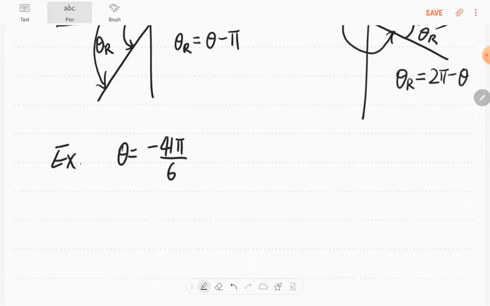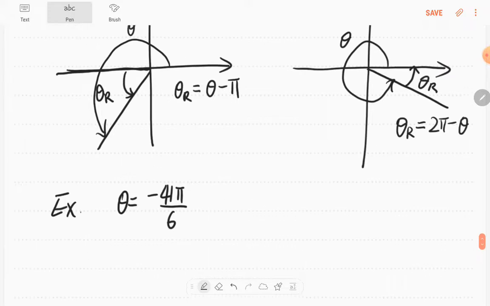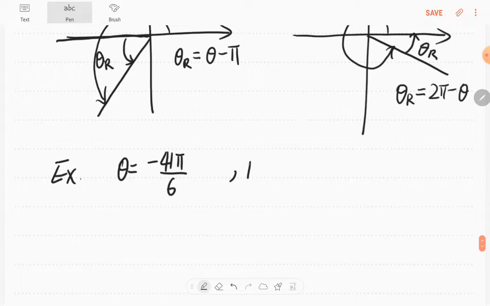So the idea is, if we want to find the reference angle, the only thing we need to know is the location of the terminal side, right? So we just need to find the coterminal angle of theta, between 0 and 2 pi. Then we can locate the terminal side quickly, right?